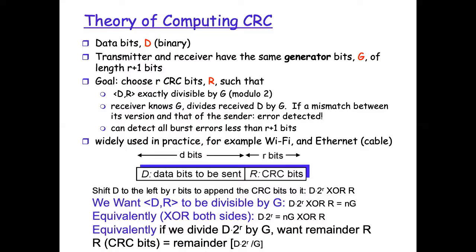This property of CRC bits can detect all burst errors of length less than R+1, R being the length of the CRC bits. Note that burst errors are errors that are next to each other in the data.